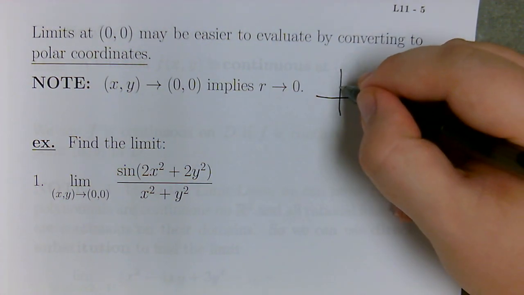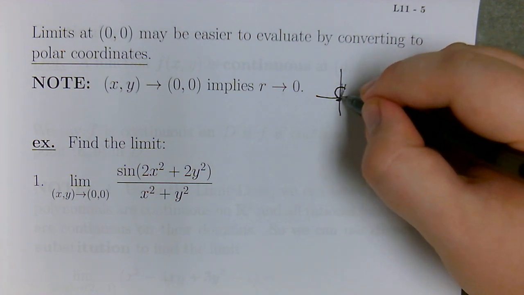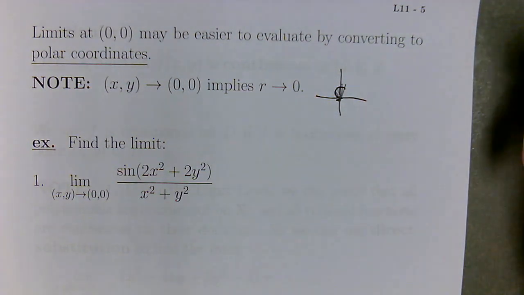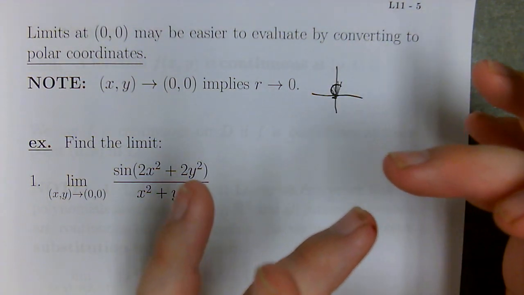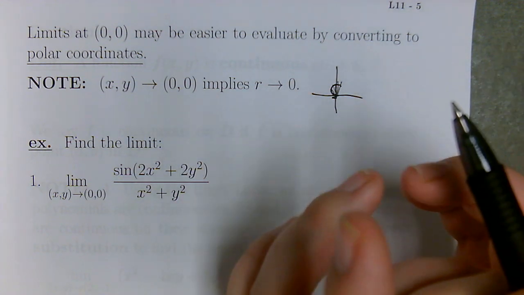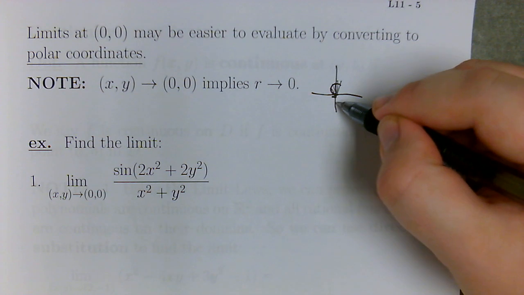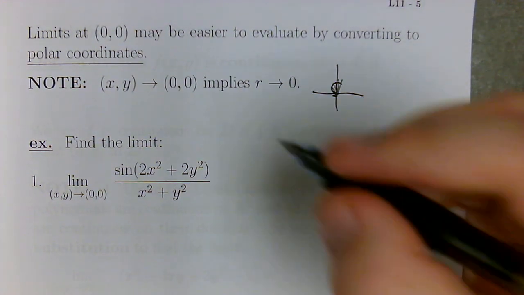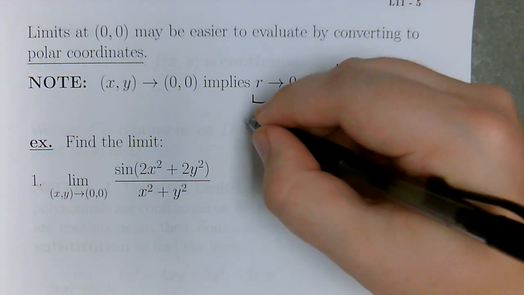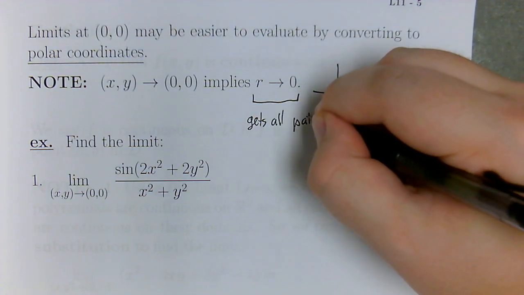So if we have some kind of path here that's heading in towards 0, notice that the r value for this path, the distance, is shrinking towards 0. And this is really nice because this is effectively having a circle that's closing in on our point. And since the circle reaches all the way around the point, it actually encompasses every single path going to the origin. So this is better because it gets all the paths.